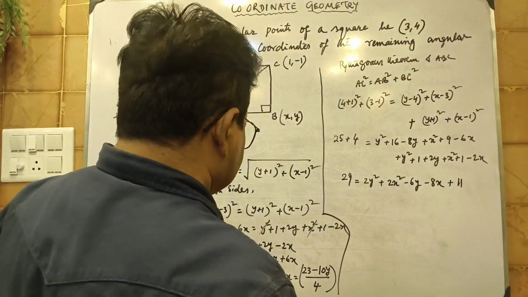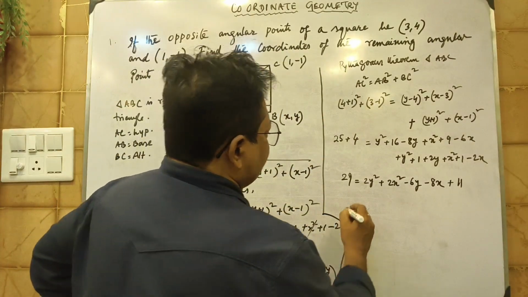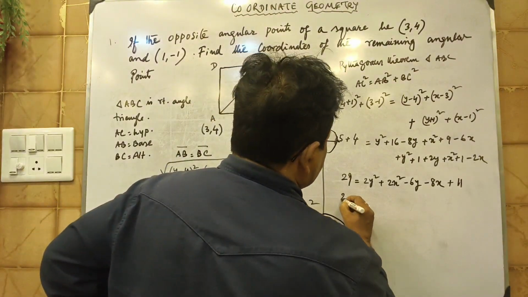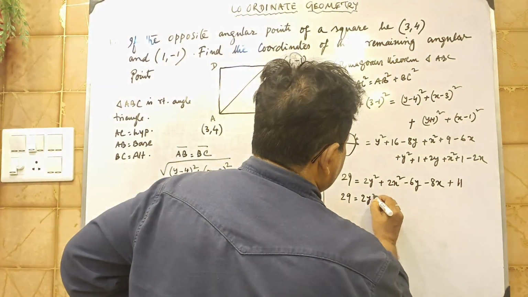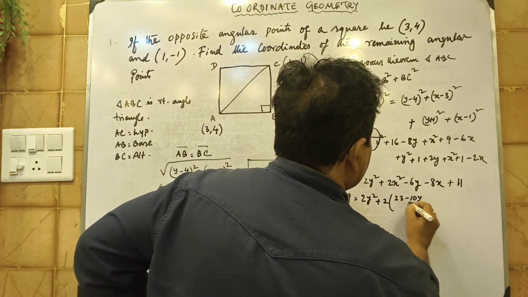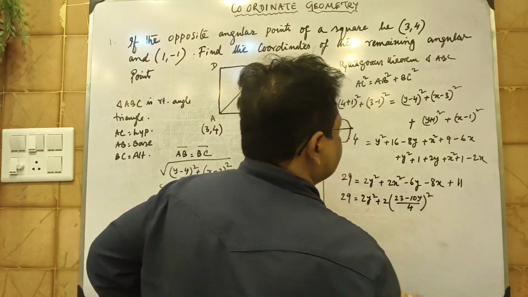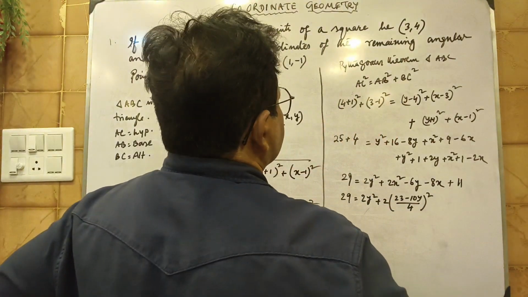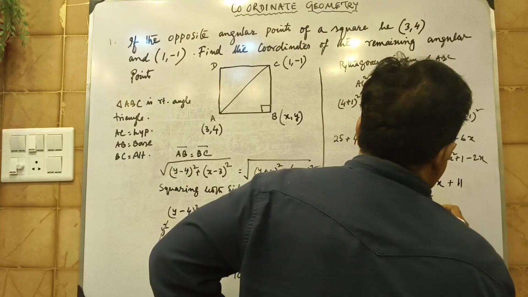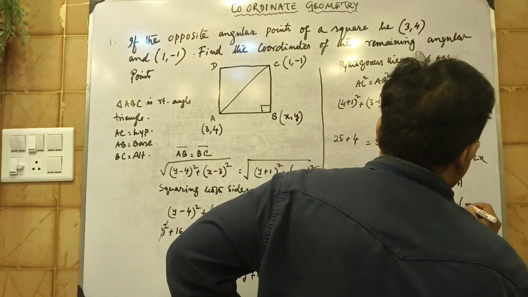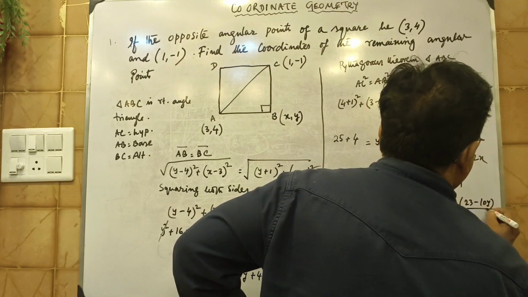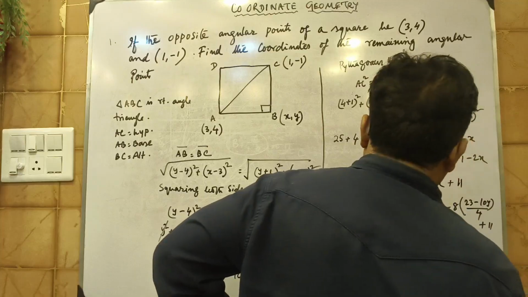Now put the value of x, 23 minus 10y by 4, in this equation: 29 is equal to 2y square plus 2 into 23 minus 10y by 4 whole square minus 6y minus 8 into 23 minus 10y by 4 plus 11.